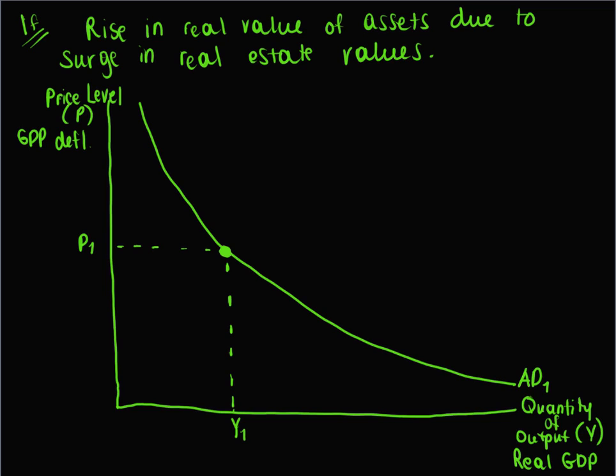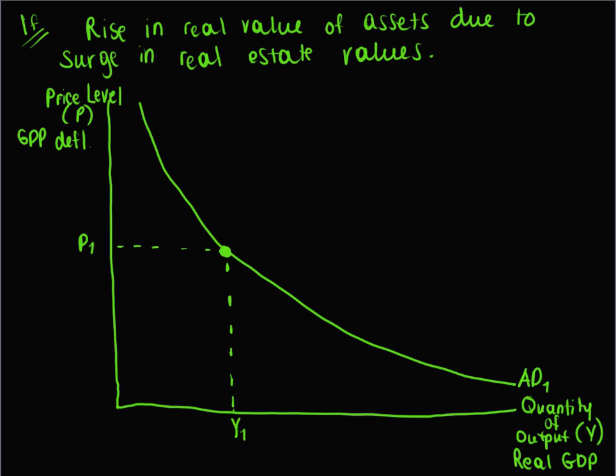When the price level changes, we move along the curve. If our reason is for any other reason other than the price level, we are talking about a shift in the demand curve.